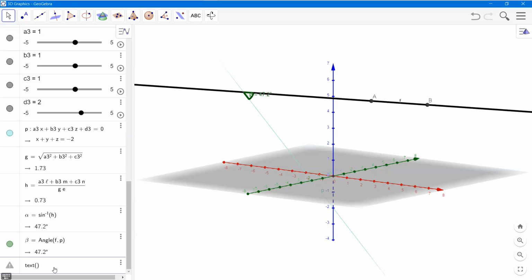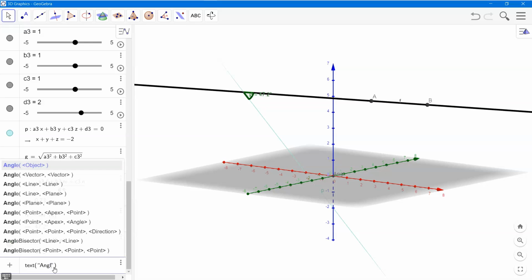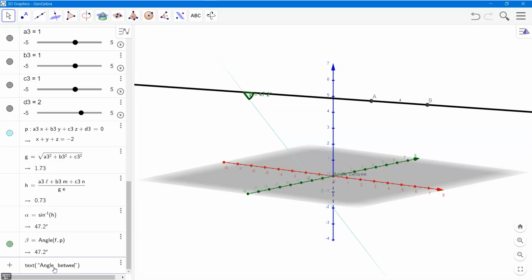So let's say text is equal to, text is angle between, is equal to, let's say, beta, no, not beta, alpha.